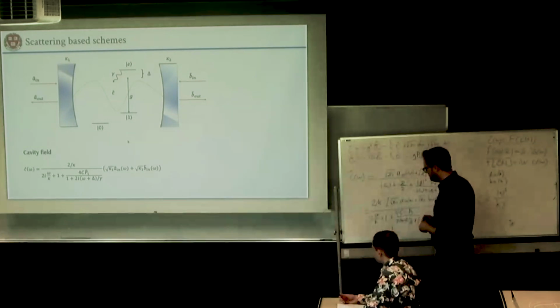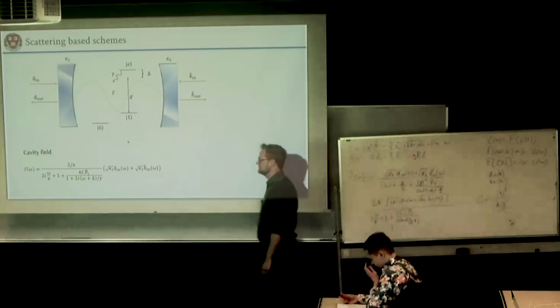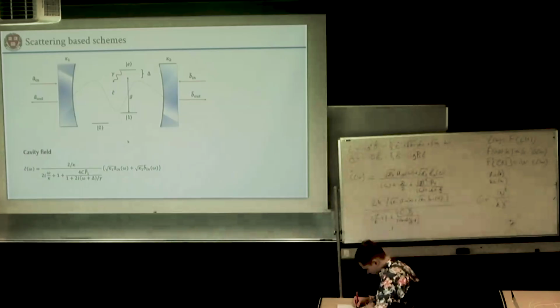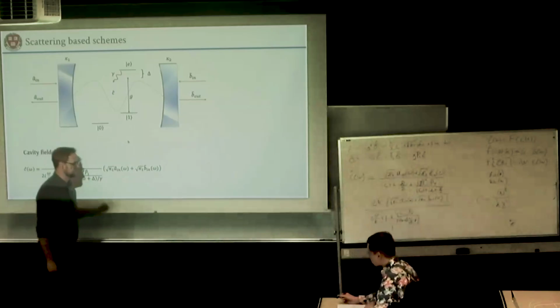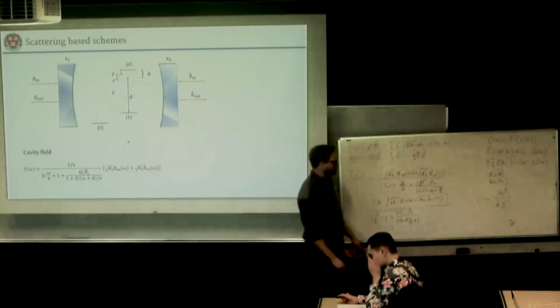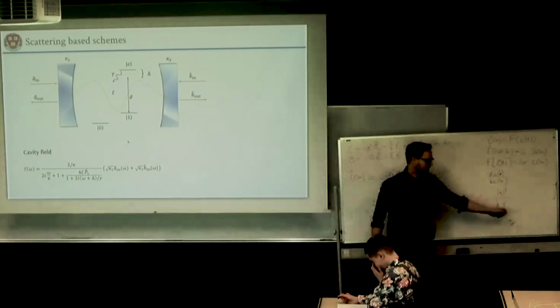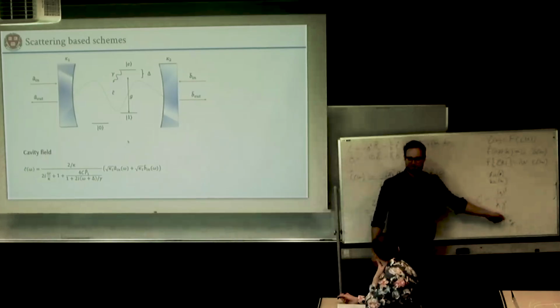This one. Okay, so why did I write it like this? Seems unnecessary. It introduces one important parameter, which is the cooperativity. This is the C. You can see the cooperativity is basically the ratio between your coherent coupling, G, and your loss rates: kappa, the decay of the cavity field, and gamma, the decay of the excited state.